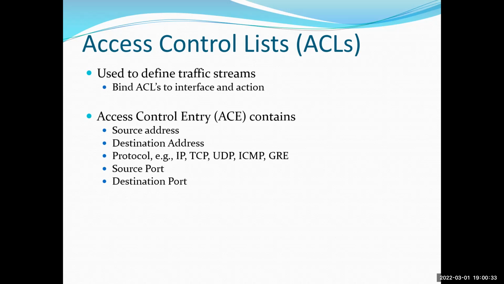There, we're going to talk about input, output, and forward chains, if I remember correctly, when we look at that one. So you bind ACLs to interfaces and actions. And then the access control of these ACLs is still governed by source address, destination address, the protocol, source port, destination port.